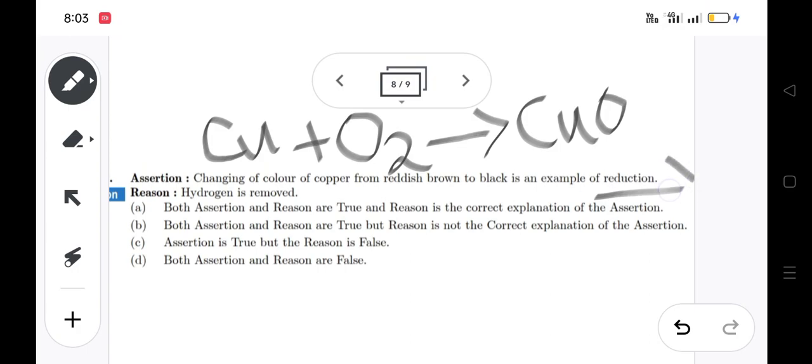So the assertion is wrong. Then, hydrogen is removed. That statement is also wrong. In the above reaction, hydrogen is not at all involved. So both the assertion and reason are false. So that is the answer.